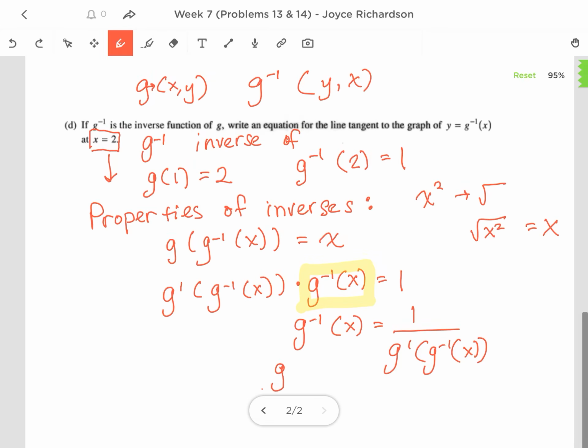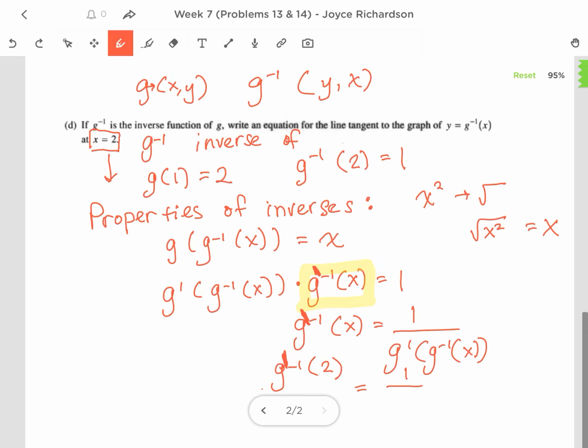So what do I need? I need g to the minus 1 of x equals 2, and this is a derivative, g prime of negative 1. So now what do I have?